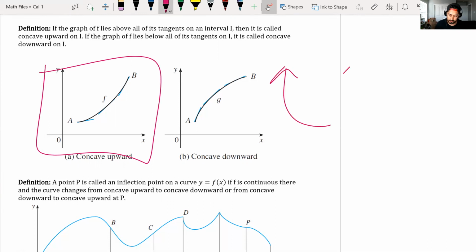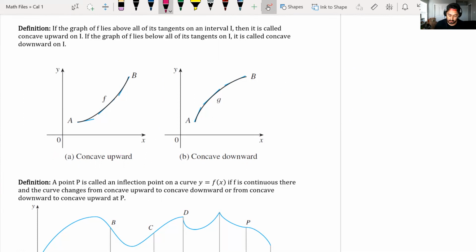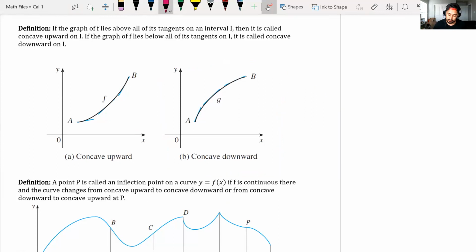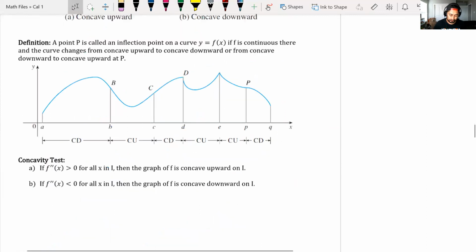These are examples of concave up. Concave down is the second picture. Concave down can look like that, or concave down can look like that. So we will be looking for concavity.